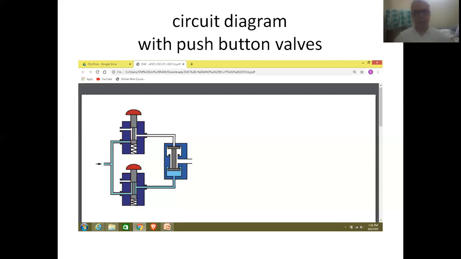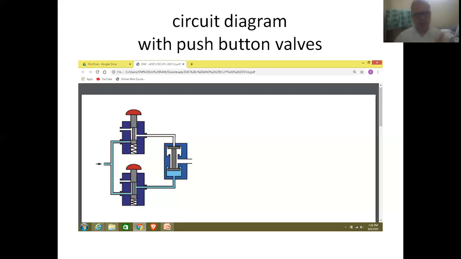So friends, we have discussed two types of end valve circuits. In the first circuit, solenoids are used for controlling valves and valve elements. They are referred to as solenoid valves.